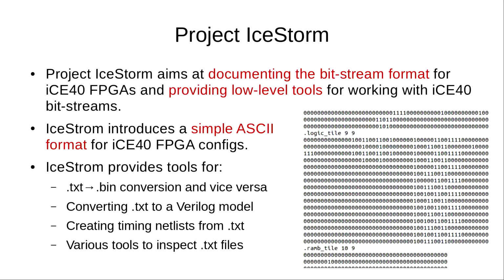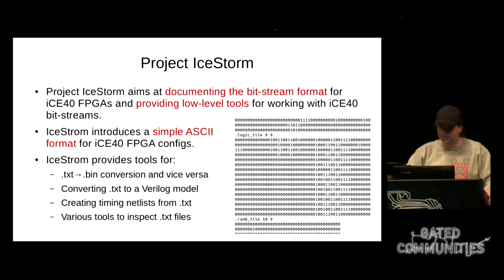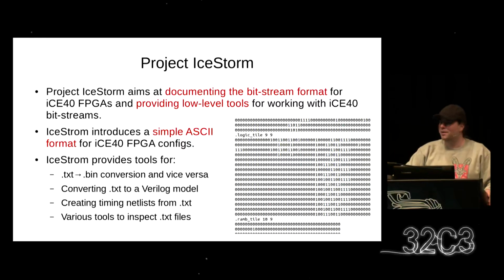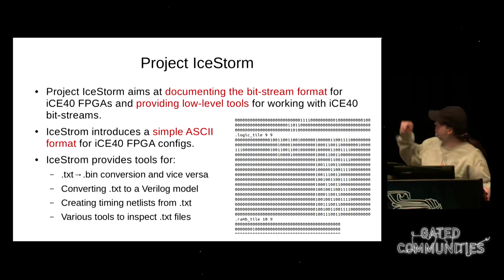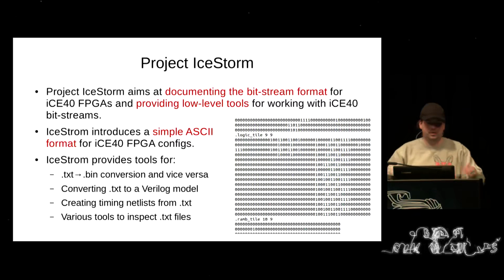So you have here logic tile 9 9, and these are of course the coordinates, and then you just have this block of ones and zeros. When you look up the documentation online that we provided, you can decipher that and say, okay, this bit is set because it has this function, and this kind of makes sense for what this configuration does.